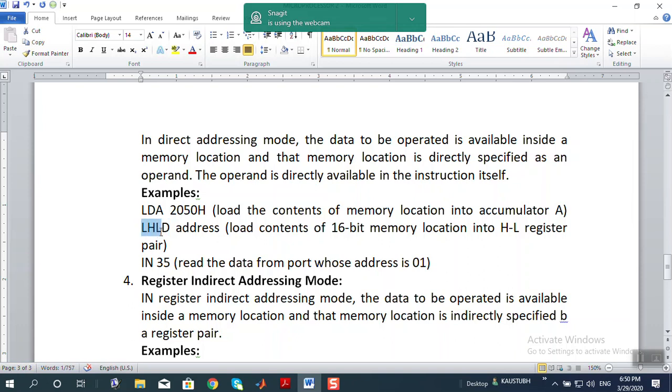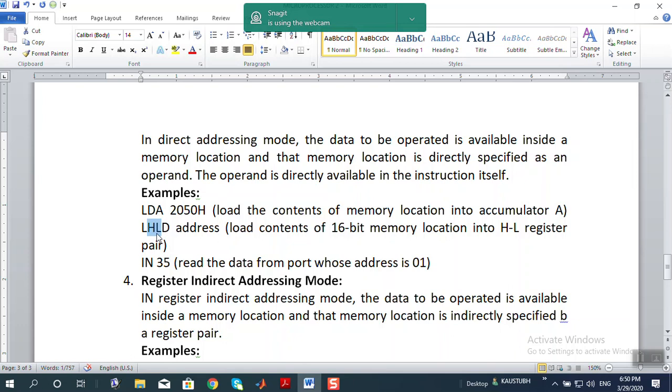So you are now loading the HL register pair. That means you are copying some data to the HL register pair. From where are you copying? From memory. Now as you know, in the 8085 each memory cell or location can contain only 8 bits. Now you are copying 16-bit data because you are specifying the HL register pair.